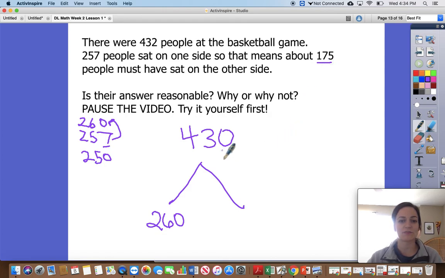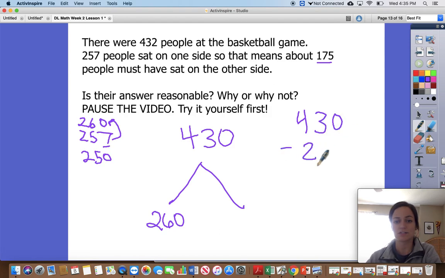Let's test it out. If I take the total minus the people on one side, I should get about 175 if it is reasonable. 430 minus the 260 people on one side. 0 minus 0 is 0. 13 minus 6 is 7.